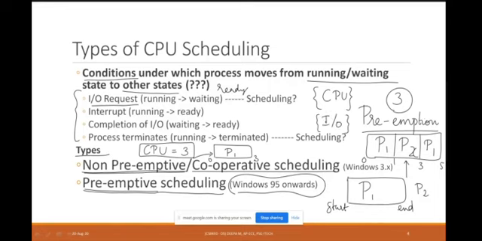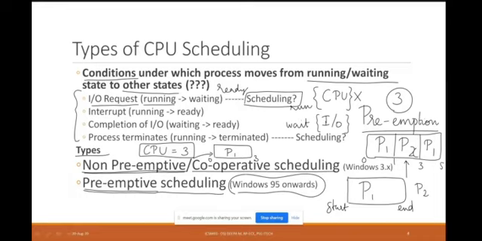When it is doing your IO processing, the CPU is not needed. So it will go from my running state to my waiting state. Whenever I use the CPU, that is when I will be in my running state.